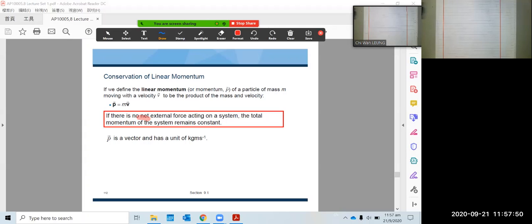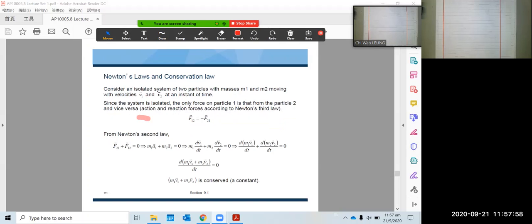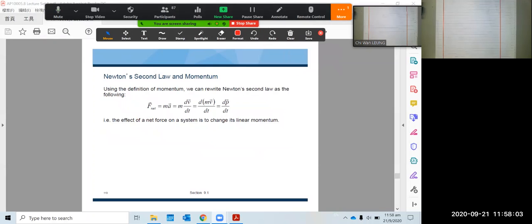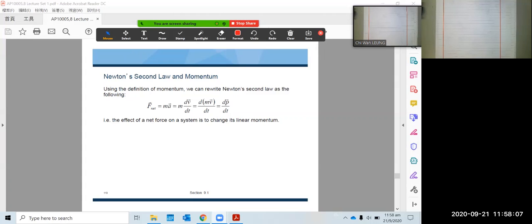And if we are really conscious about Newton's second law, we will see that F net is equal to ma, and it is equal to m times dv over dt. Mass here is generally a constant, so we could actually put it into the derivative.